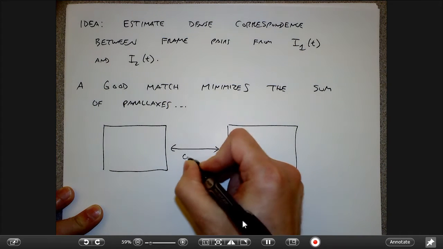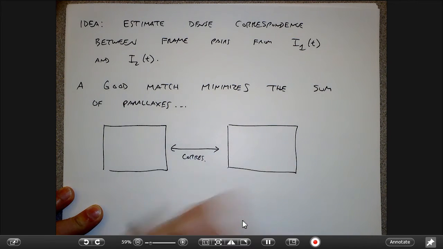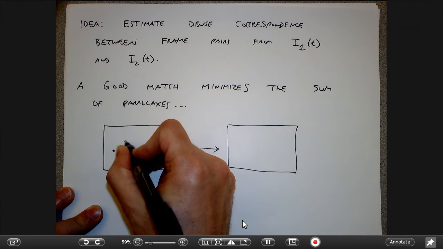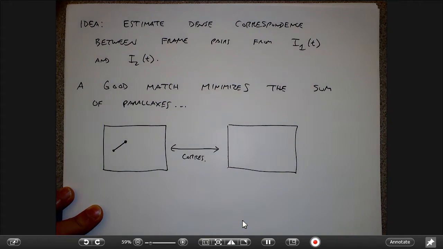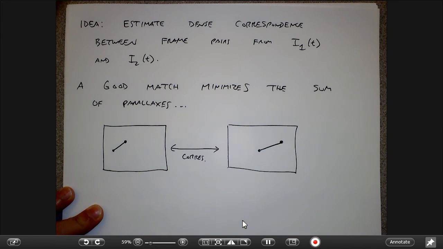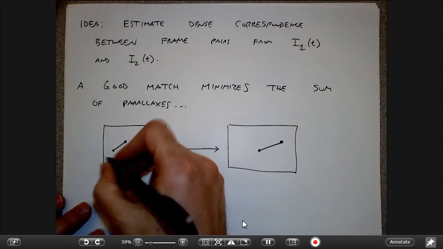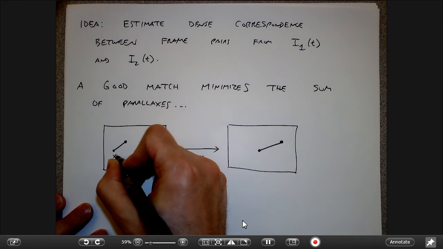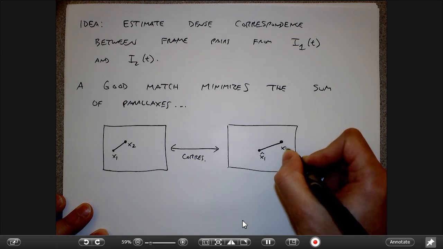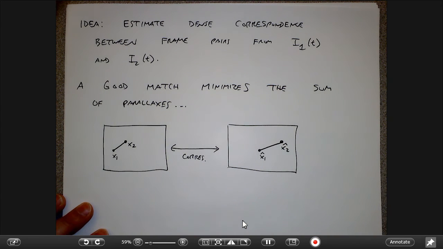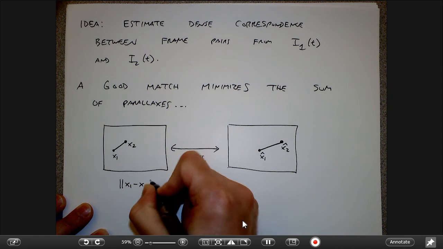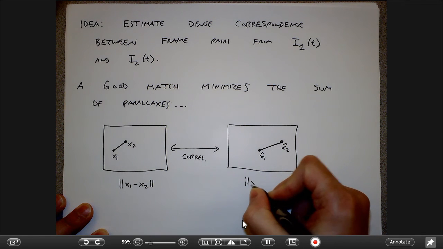This could come from an optical flow field. Let's suppose I take 2 points over here, and I look at their distance. And then I look at 2 points over here that may match. If I call this x1 and x2, and this x1 hat and x2 hat, the parallax you could consider to be the difference between these point positions.